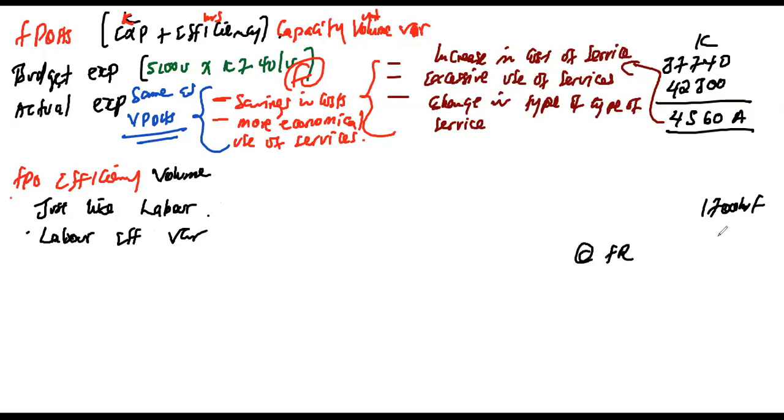How much is the fixed rate per hour? 3.7 kwacha per hour. Such that hours go to money, which will give us 6,290 kwacha favorable. You see, the efficiency variance is the easiest variance to calculate.